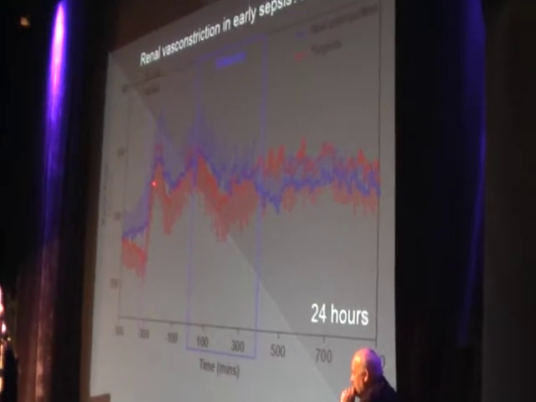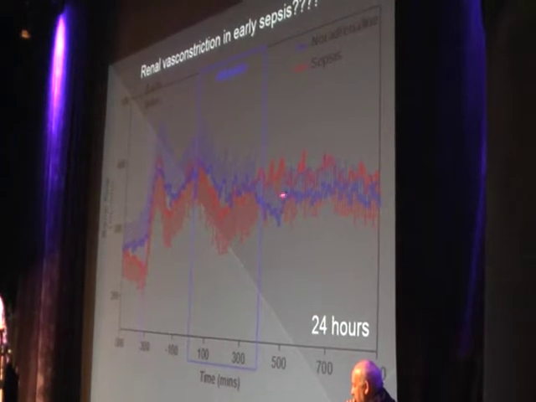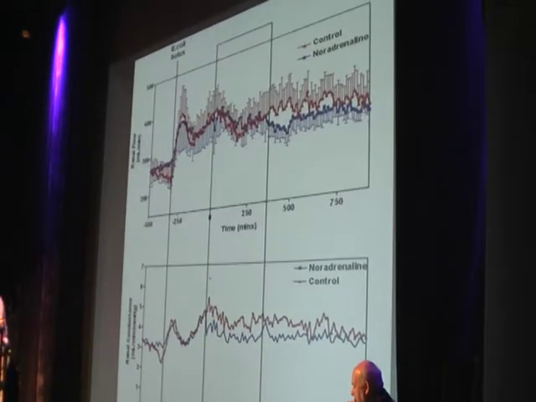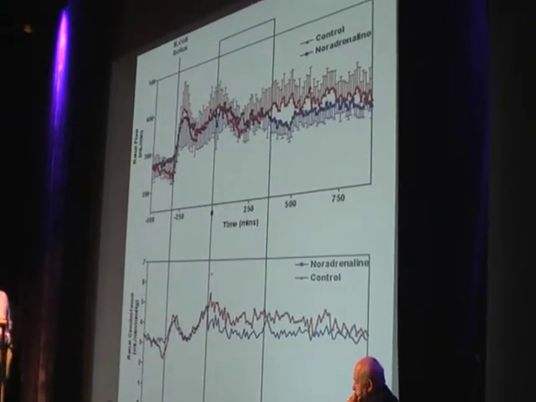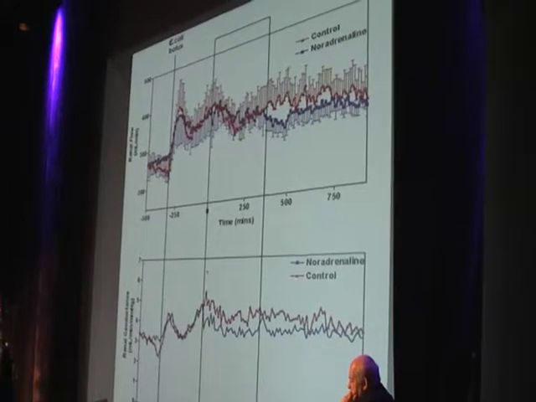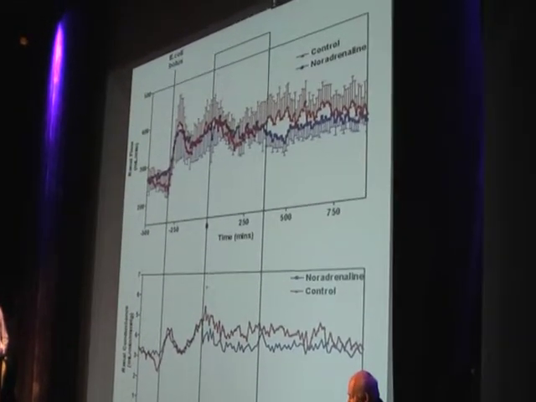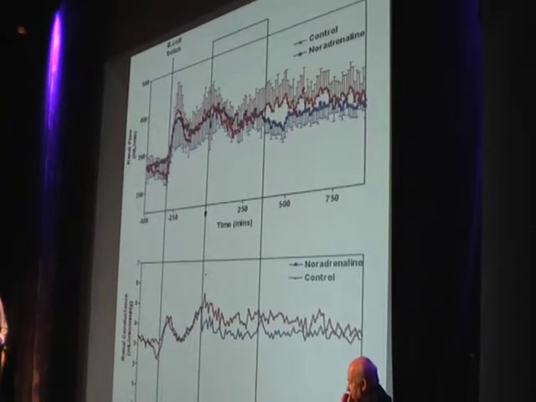It's of the order of about 150%, and it persists after gram-negative bacteremia for up to 24 hours. And it is due to an increase in conductance, which is the inverse of resistance. So there is renal vasodilatation, or a decrease in the resistance to blood flow to the kidney, which is responsible for the increase of renal blood flow.